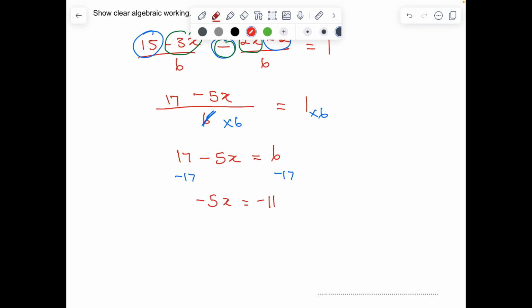So then I'm going to divide both sides by minus 5. And that gives me, I can just do it on my calculator to double check, especially if you're feeling quite tired, which I am. So minus 11 divided by minus 5, it gives you x equals positive 2.2.